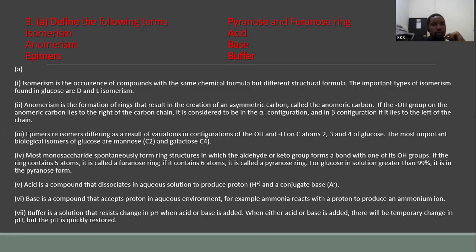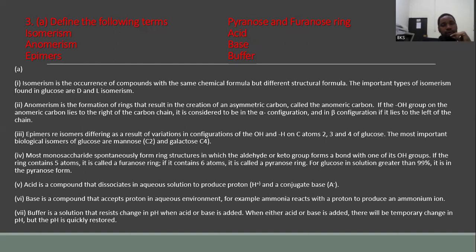So when we have an OH group positioned at the top or below, it produces what we call anomers. When it is up, we call it alpha anomer. When it is down, we call it beta anomer. So the whole process of obtaining the alpha and the beta anomers is what we call anomerism.